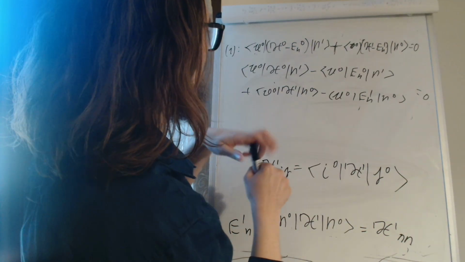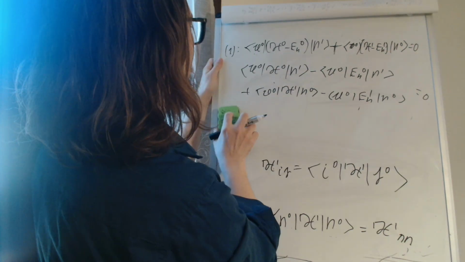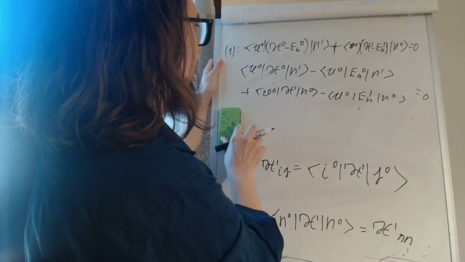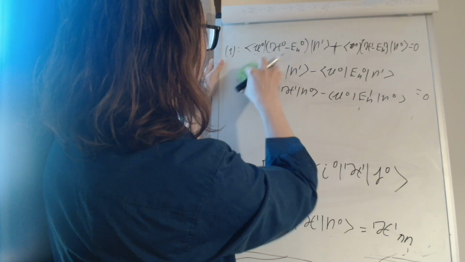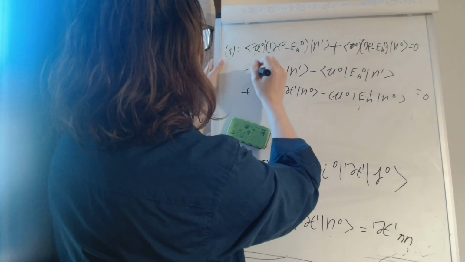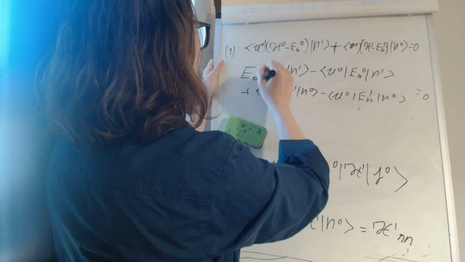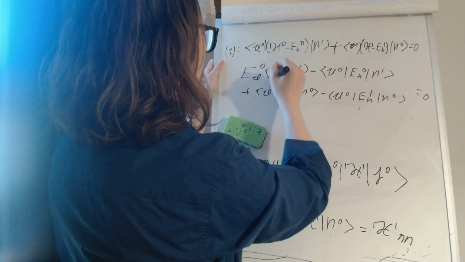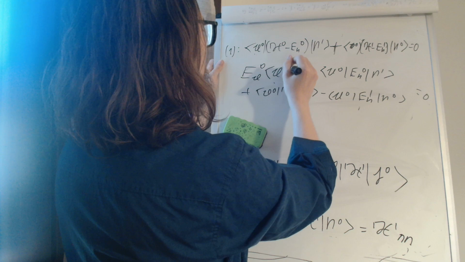Now this term here, we see that k0 h0 is the unperturbed eigenvalue equation, so this gives ek0 times the bra k0.